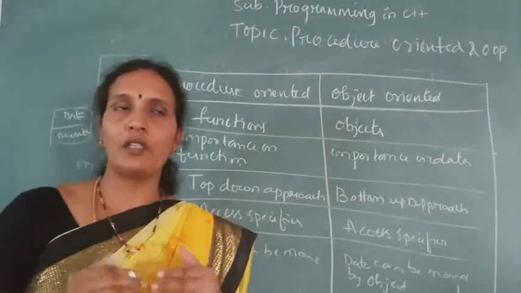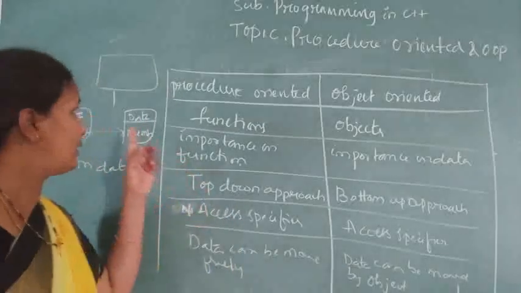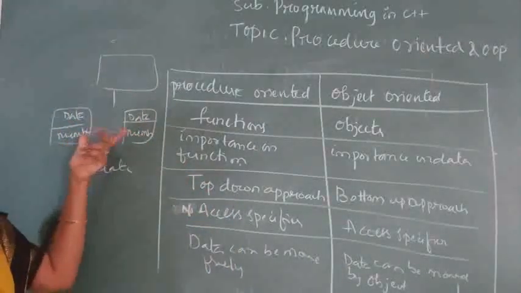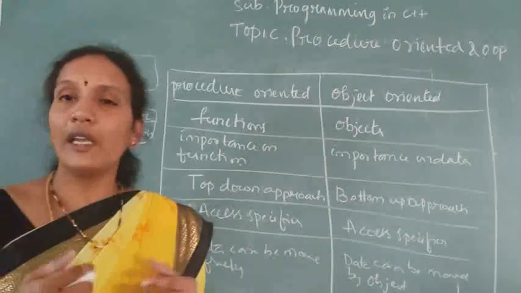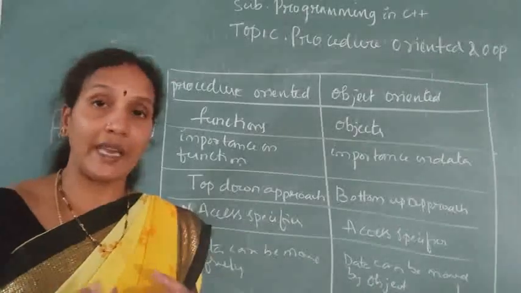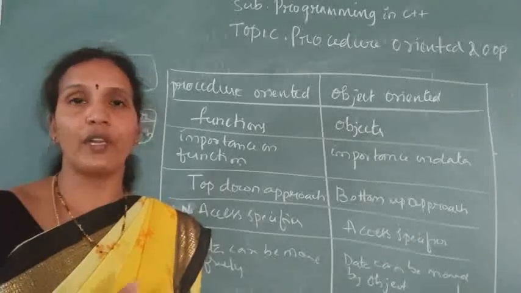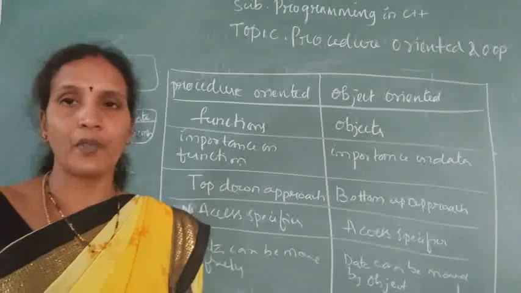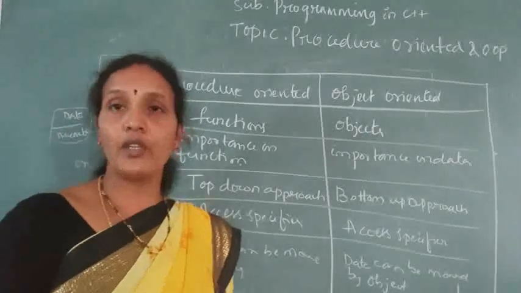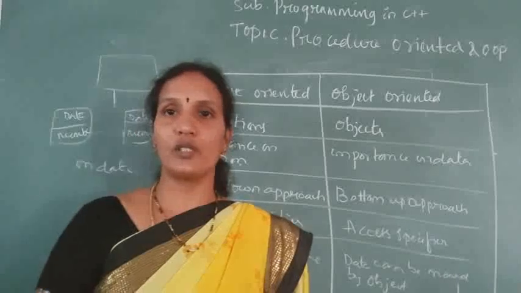For example, if this object is communicating with this object, only these objects can share the data. So in object-oriented program, the data cannot move freely to whichever object wants to access it.